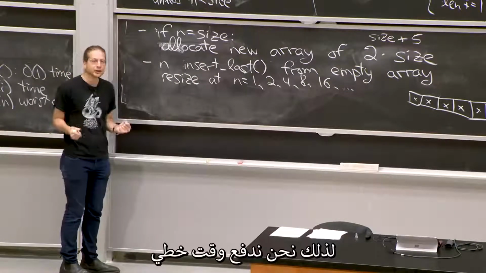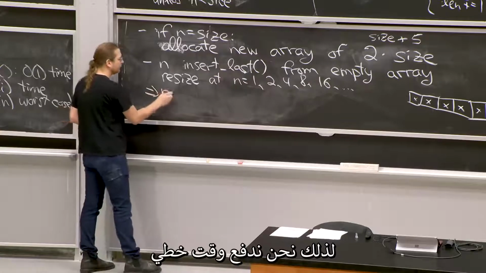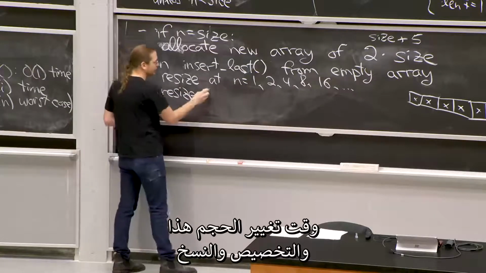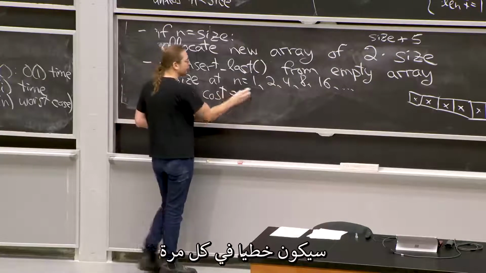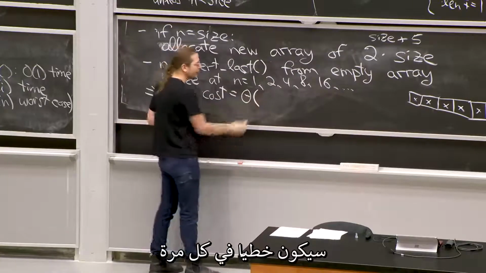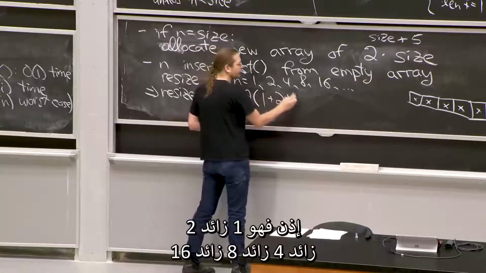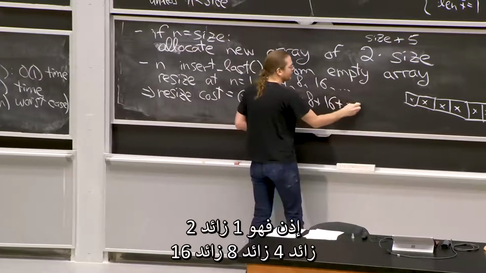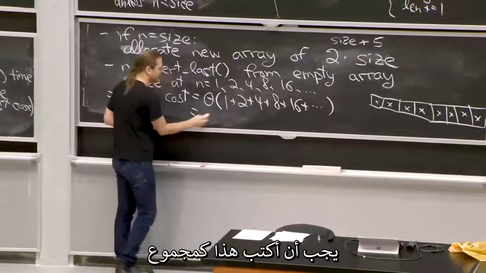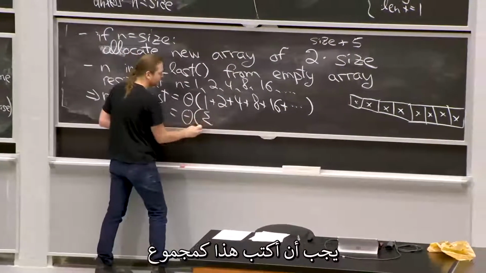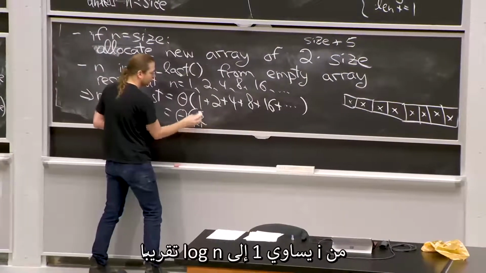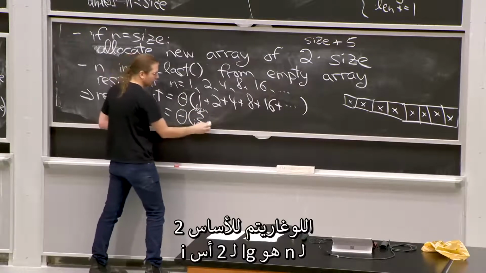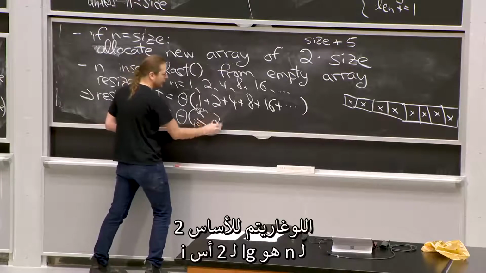So we pay a linear cost. So this resize cost, the allocation and the copying, is linear each time. So it's 1 plus 2 plus 4 plus 8 plus 16. Really, I should write this as the sum from i equals 1 to roughly log n, log base 2 of n, of 2 to the i.